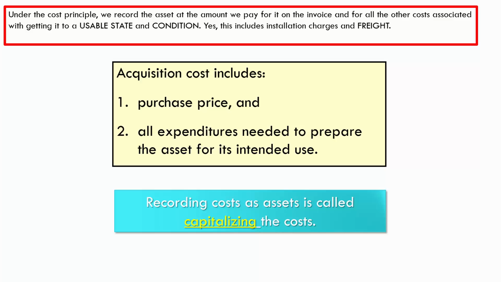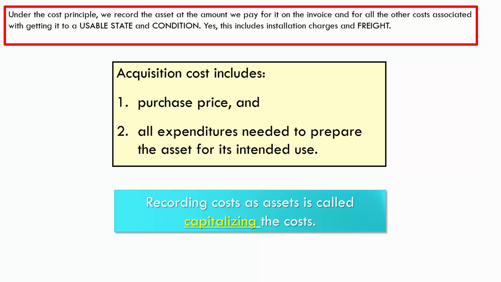The same thing happens with PP&E. We have the price we pay for the thing, but then we also have any type of expenditure to get it into a situation where it can be used. These are capitalized. So we capitalized freight with inventory, and we're going to capitalize freight charges here.